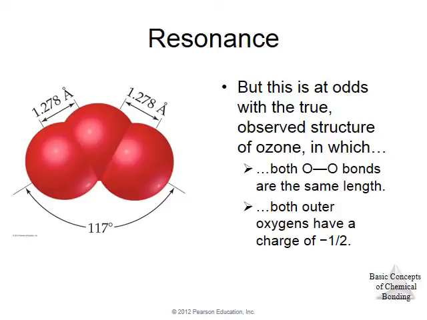In other words, there is no difference between these two lengths. The Lewis structure we have drawn shows one with a double bond, which should be shorter, and the other a single bond, which should be longer. So this appears to go against the experimental finding that those two lengths are identical.